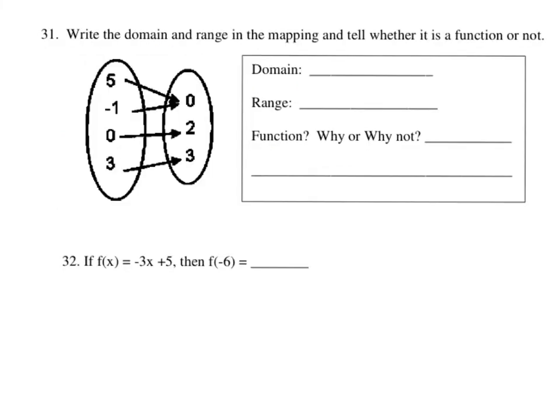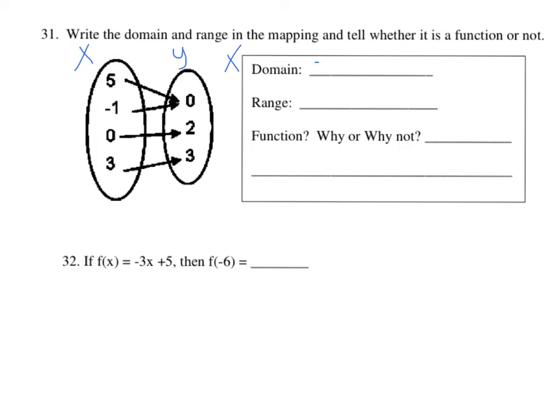31. Write the domain and range in the mapping and tell whether it is a function or not. Okay, domain is the list of the x values. In a mapping, it's just like a table. It's x on the left here and then the y on the right. So the value of the domain, we are going to list the x values in order from least to greatest.